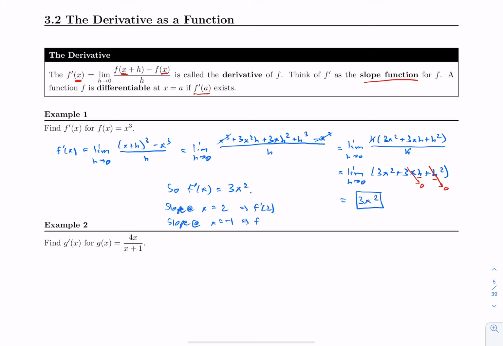So the benefit of building this general function is I can just plug things in now. So if I plug 2 into the derivative, we get 3 times 2 squared, or 12. And if I plug -1 in, we get 3 times -1 squared, or 3.